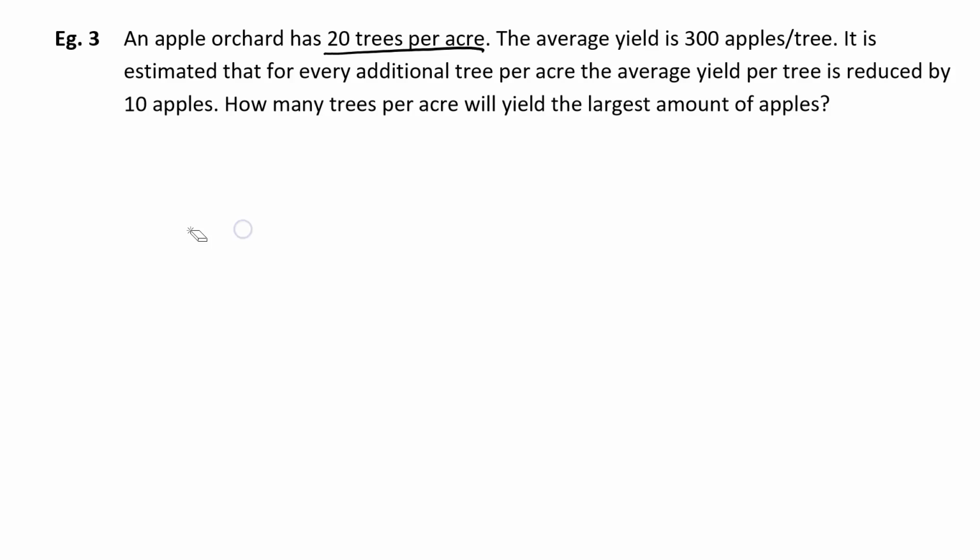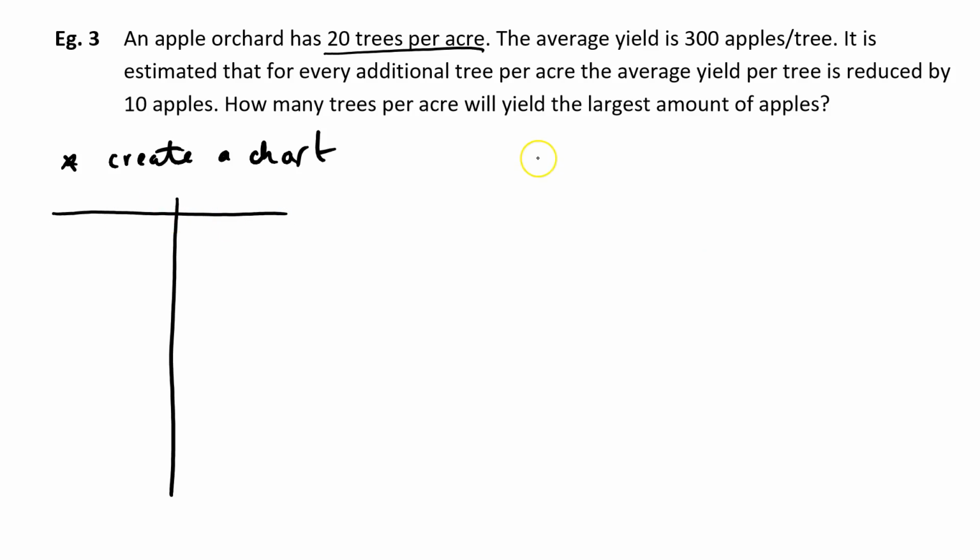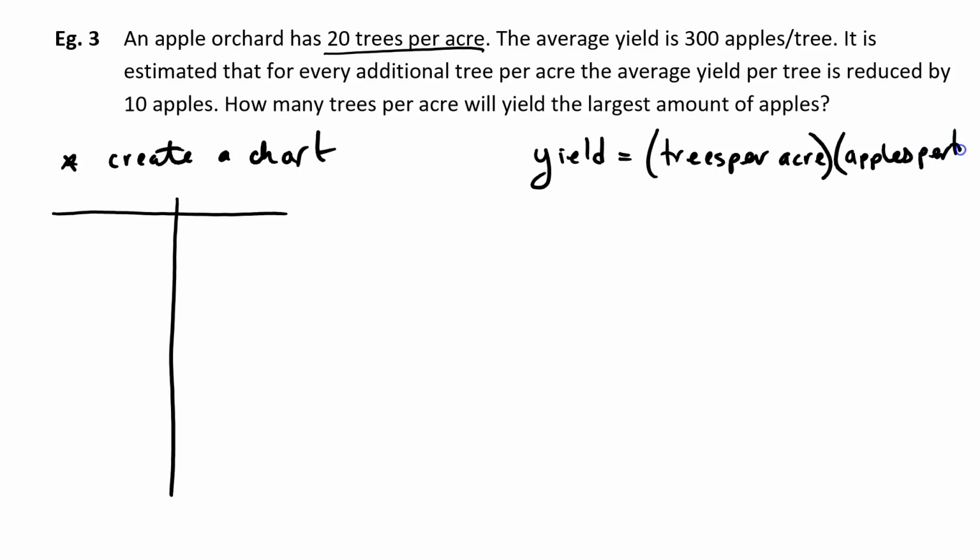So what I like to do in this kind of situation is create a chart. This helps us to define our variables. So what we want to say here is the yield equals trees per acre times the number of apples per tree.